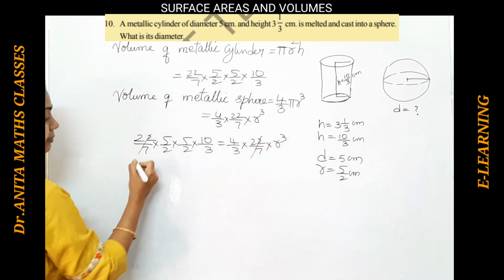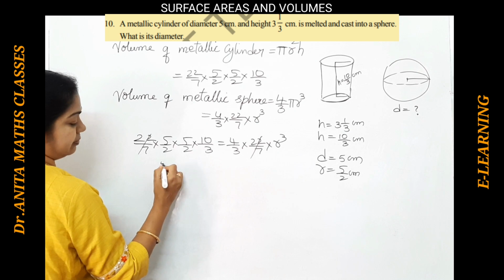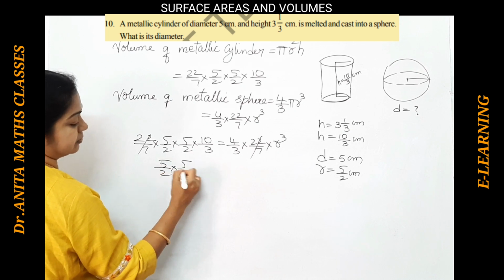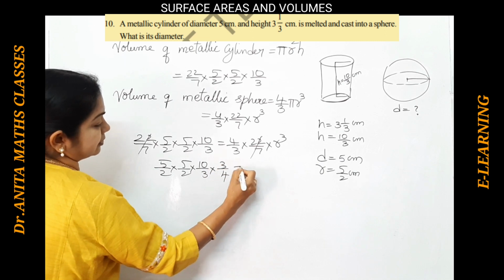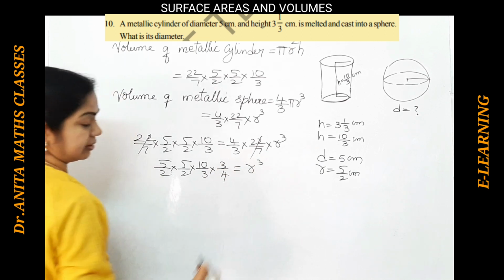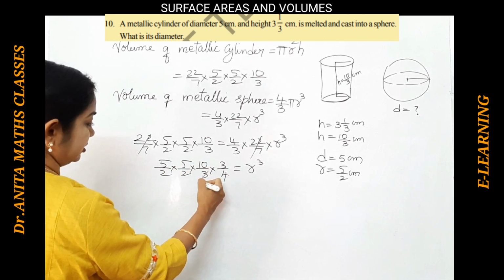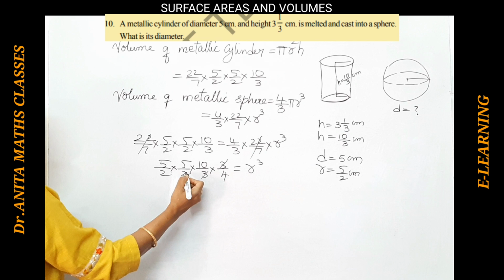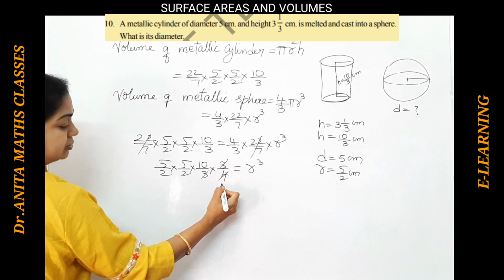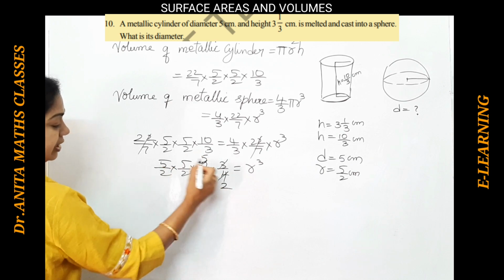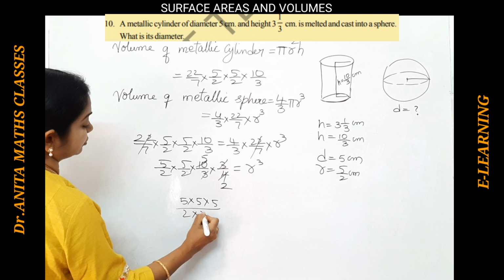So the pi value we can take off. Here shift this to the other side. So that becomes 5/2 into 3/4, the reciprocal. Here that comes to r cube. Now we will cancel here, 3 and 3 go off. Yes, 2 2s, 2 5s. So we have 5 5 5 and below we have 2 2 2.